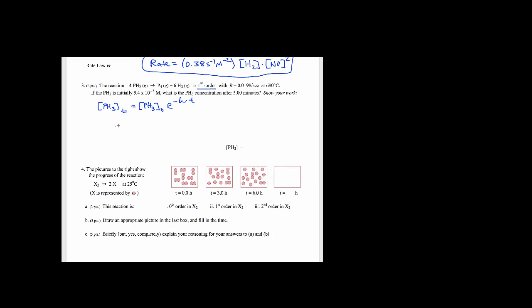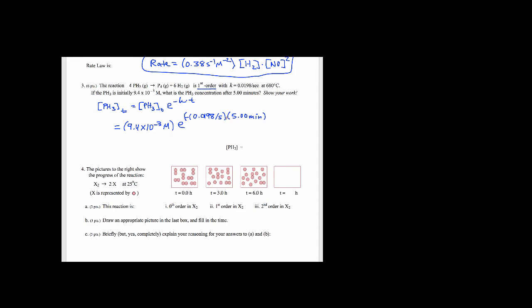And the initial concentration of PH3 is, of course, 9.4 times 10 to the minus 3rd molar. That gets multiplied by e to the minus, and we're going to have all this stuff in the exponent. K is 0.0198 per second times t, which is 5.00 minutes.